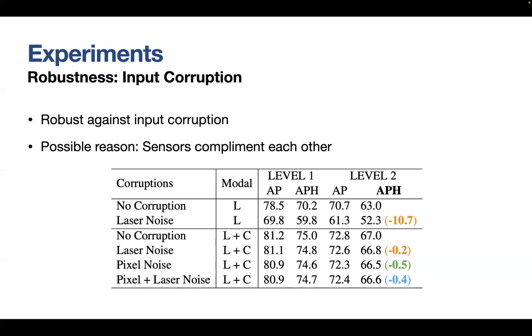A possible reason for this is that sensors complement each other. If there is noise in one sensor, the other sensor can make up for this weakness, which helps getting more robust against corruption in any of the sensors.